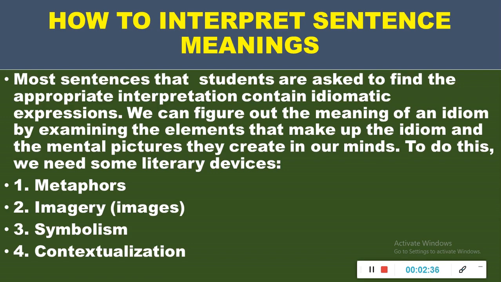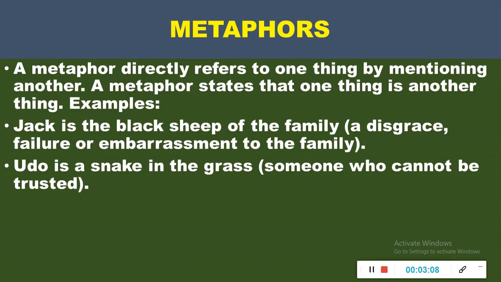All right, so to figure out the meaning, we need some literary devices, which are as follows. Number 1, metaphors. 2, imagery or images. 3, symbolism. And 4, contextualization. We shall be looking at how we can use these literary devices in decoding or figuring out the meanings of idiomatic expressions contained in sentences.